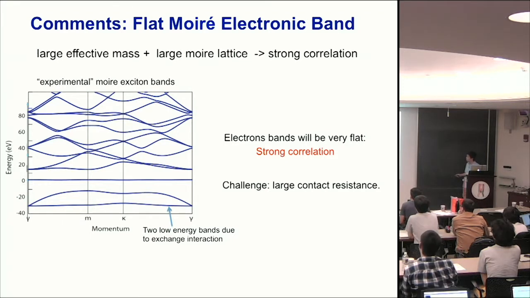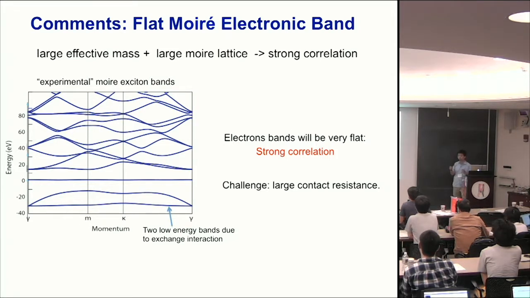As you can see here, some of the exciton Moire bands are really flat. If you look at the lowest energy one, the band dispersion is only, the maximum one is about 20 meV, and this one is quite a bit smaller. The fact that you have two bands here rather than a single band is, again, due to the exchange interaction in excitons.